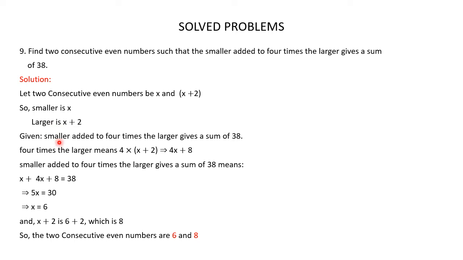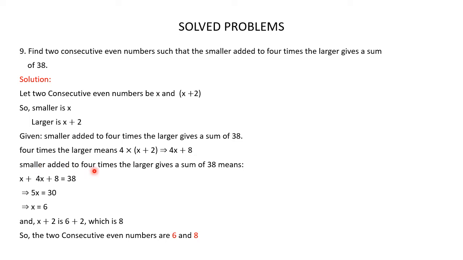It's given that the smaller added to 4 times the larger gives a sum of 38. 4 times the larger means you have to multiply the larger number with 4. That is, x plus 2 has to be multiplied by 4. When you multiply x plus 2 by 4, you get 4x plus 8.